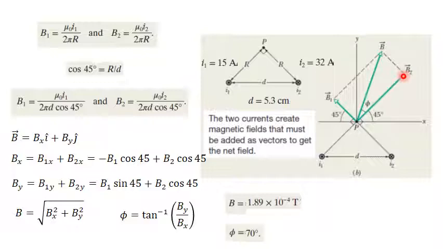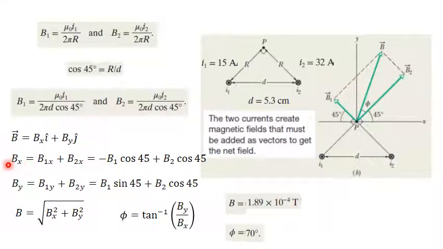The X component of B2 would be B2 cosine 45 in positive X. And the Y component would also be in positive Y, B2 cosine 45. Now, by summing the X components, we obtain the total X component of the magnetic field.